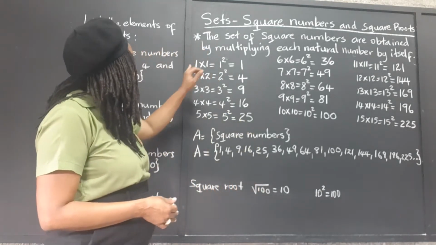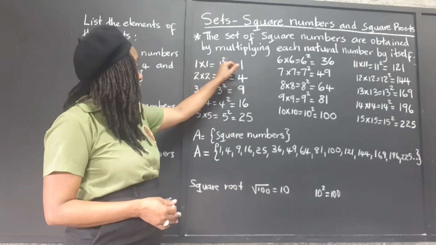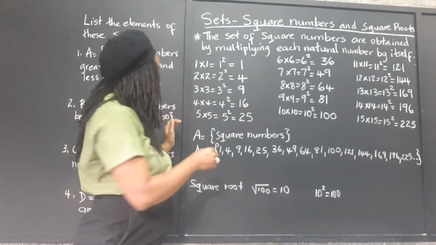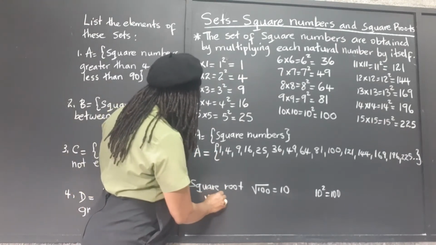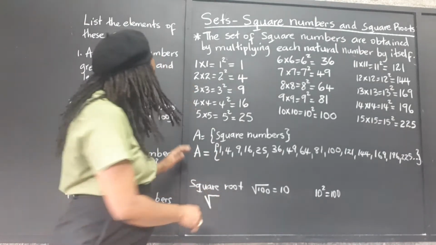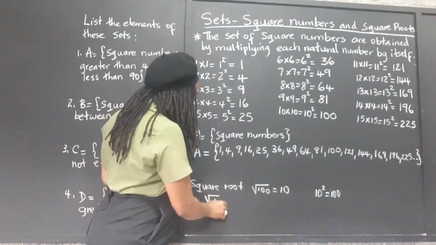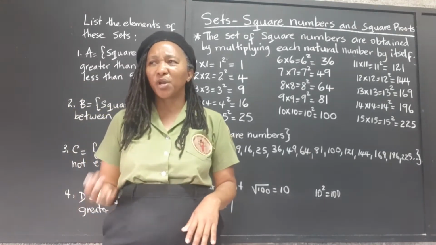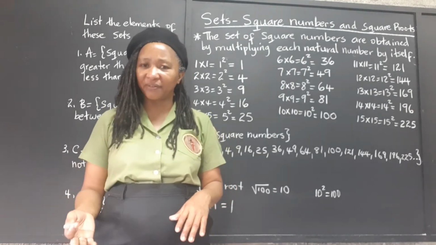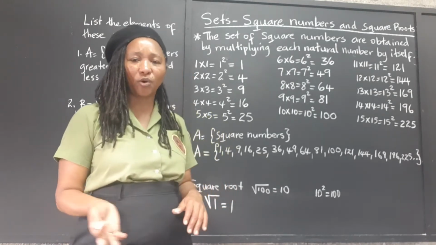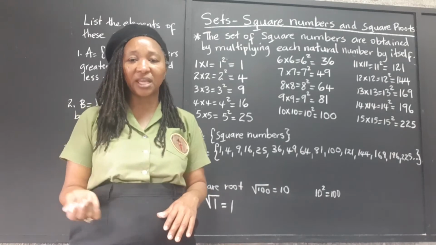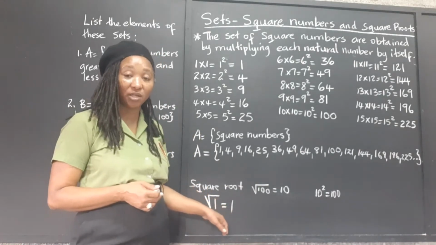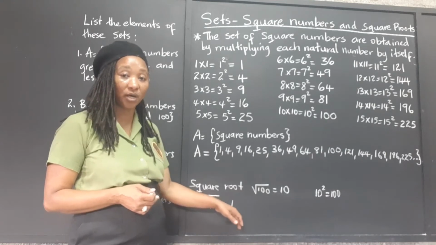So, since 1 times 1, or 1 squared, is 1, then the square root, that's the symbol for square root, the square root of 1 is 1, because you're asking yourself, which number do I multiply by itself to get 1? You're going backwards, you're thinking in reverse. 1 times itself gives 1, so the square root of 1 is 1.